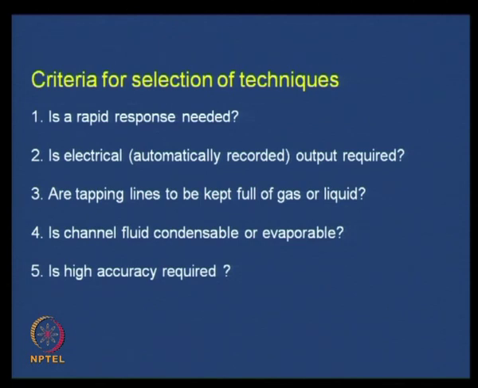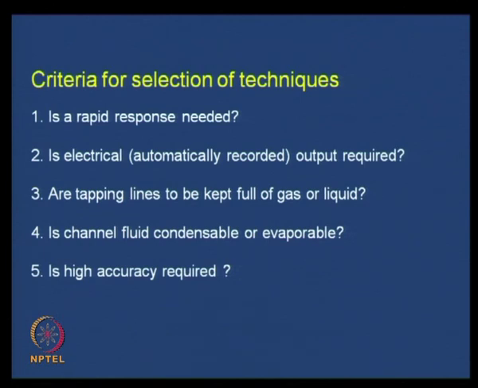What are the criteria for selection then? Let us see what are the different ways by which this particular selection is done. First thing is, do you need a rapid response? For example, are you interested to measure the pressure fluctuations or only the pressure drop? Okay. Suppose you are interested to find out the pressure fluctuations, then in that case naturally there is only one thing that we cannot go for manometers.